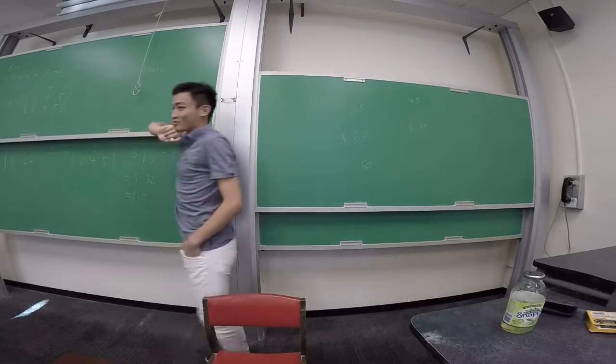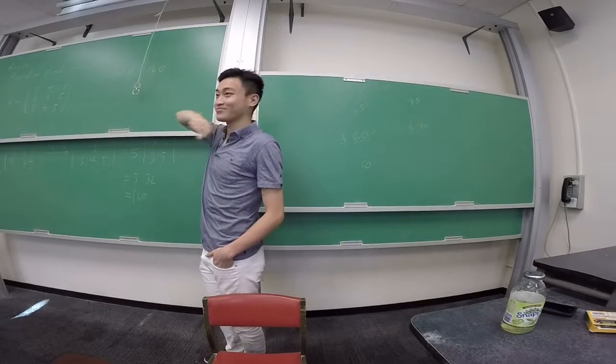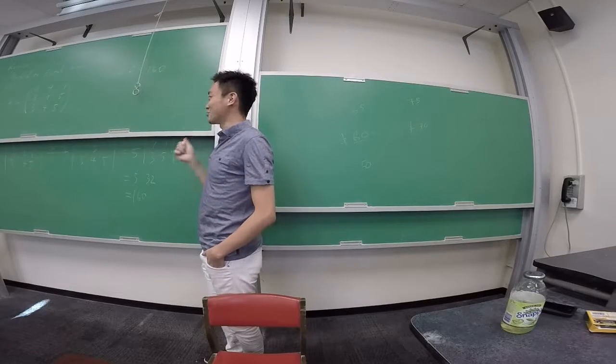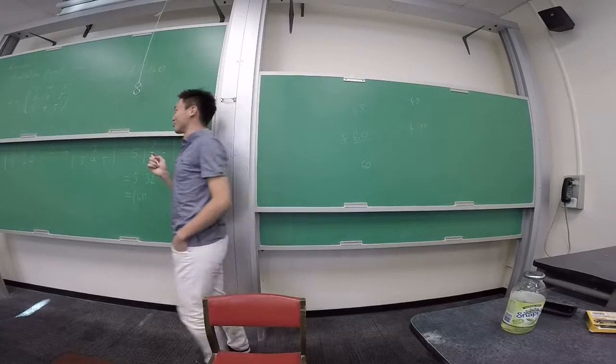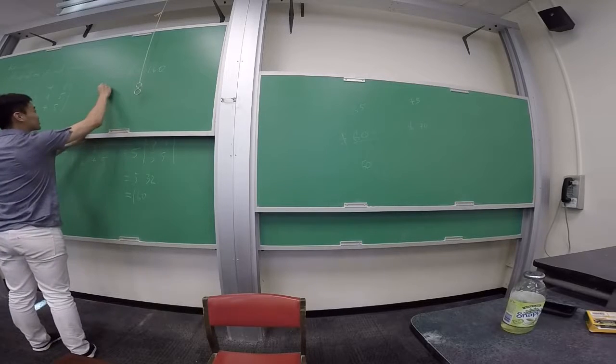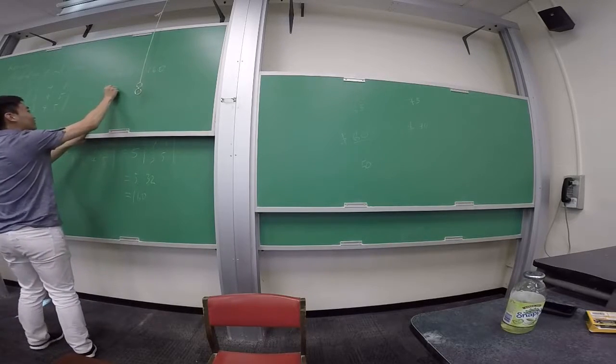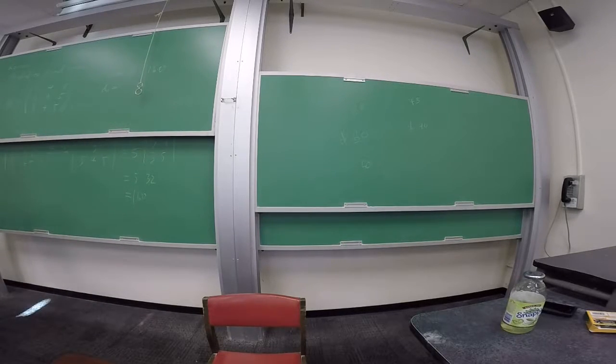Okay, and what is the next step? The next step is to find the algebraic cofactor of each element, right? So what is capital A11? Calculating in mind. 25.